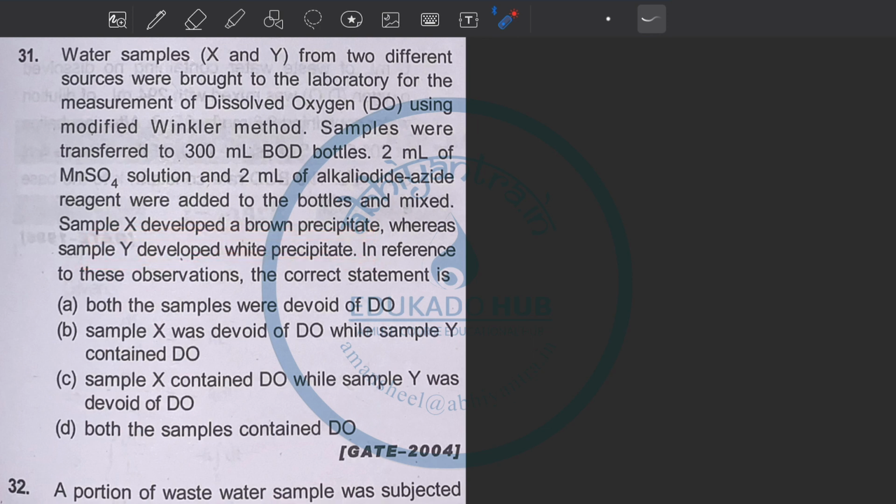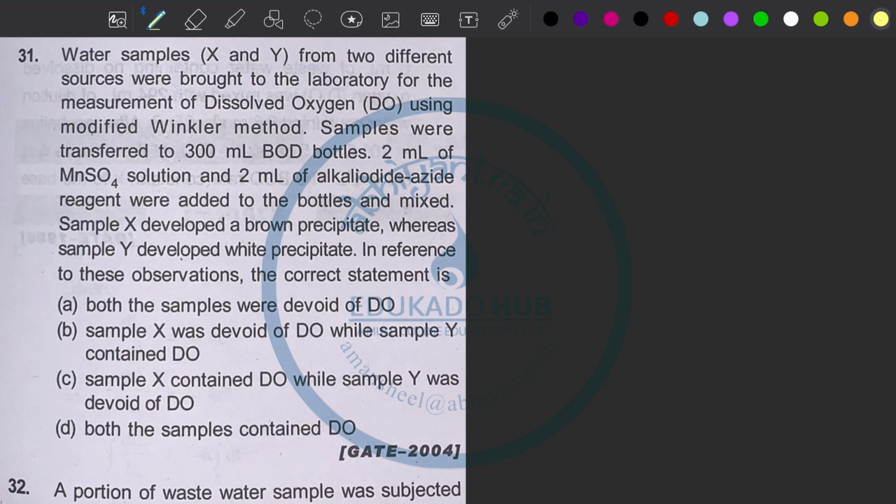In reference to these observations, the correct statement is, we have to tell whether both these samples were devoid of DO, that means there was no dissolved oxygen, or any one of them had dissolved oxygen, or both had dissolved oxygen.